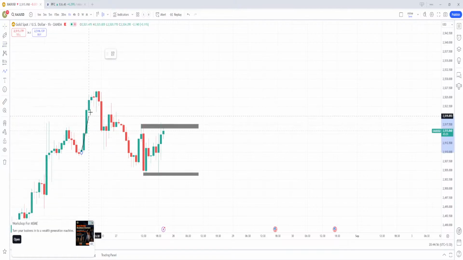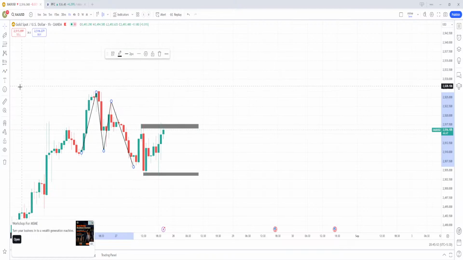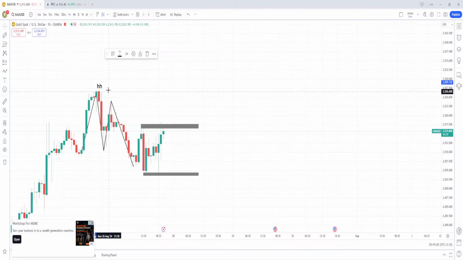See, here it's a high, and after that there is another high, but it is lower than the previous high. The low is also lower than the previous low. So it's a higher high, then a lower high, so the market shifted from uptrend to downtrend.